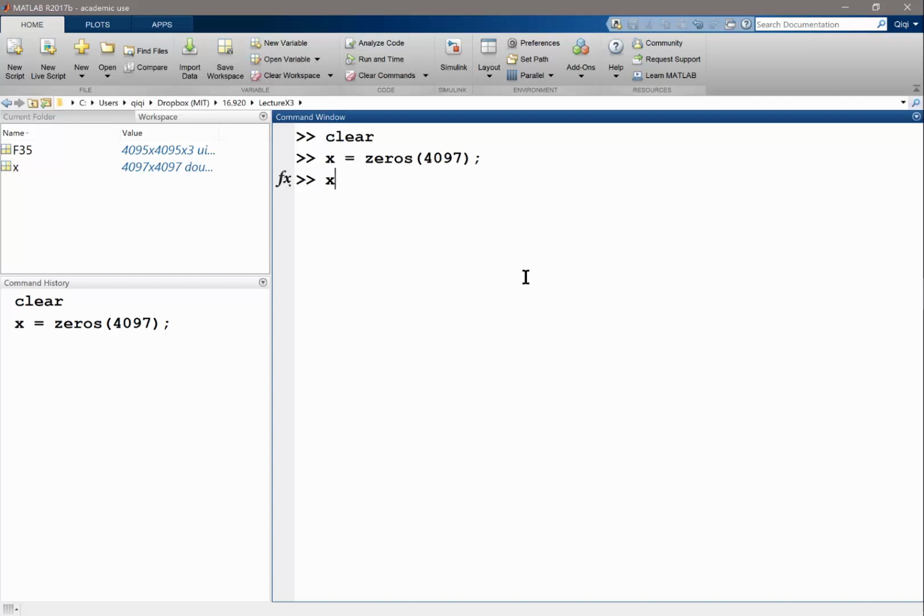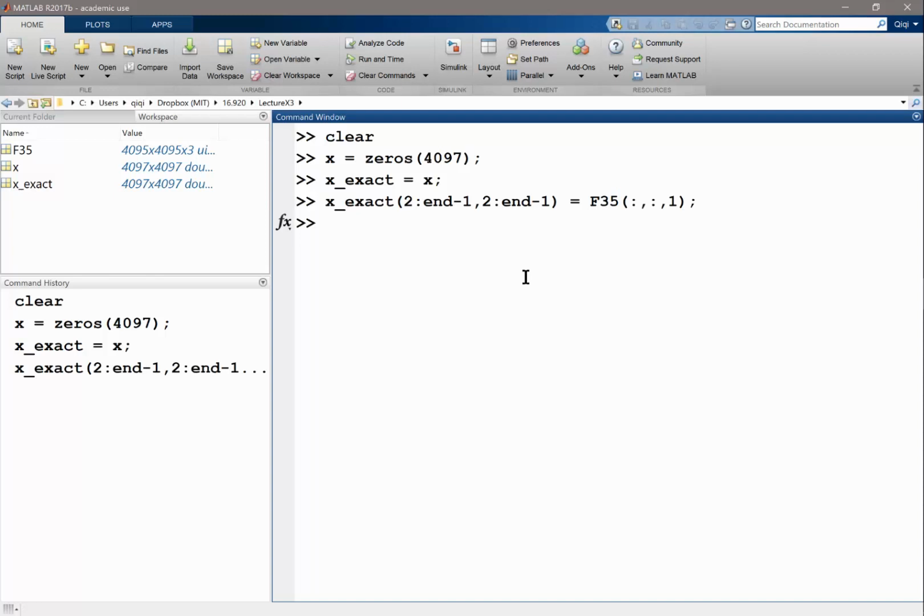Actually, this x we want to be our exact solution, x exact. And x exact, 2 to n minus 1, 2 to n minus 1, we'll set it to the F-35. Let's just set it to be the first channel, which I think is red. All right, so now we have it.